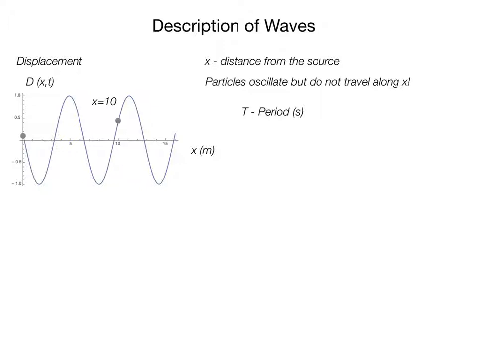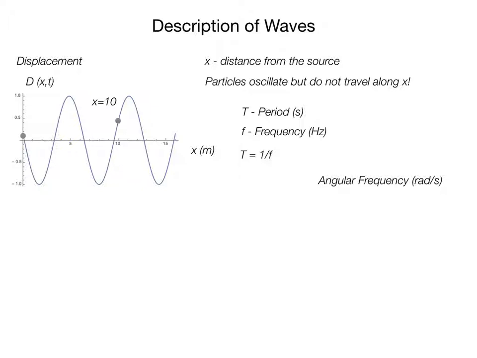As in oscillations, we will have this characteristic time called period, which gives us the time for one cycle of each of those particles as they oscillate about their own equilibrium. Remember, we also have frequency associated with period, which gives us the number of cycles or oscillations every second. And of course, we have the relationship between the two, period being always equal to 1 over the frequency. We also have the concept of angular frequency.